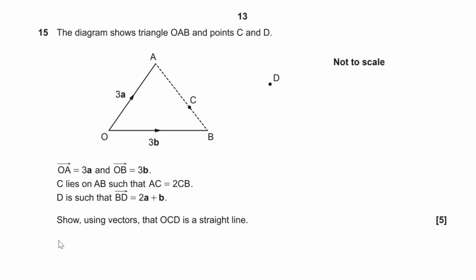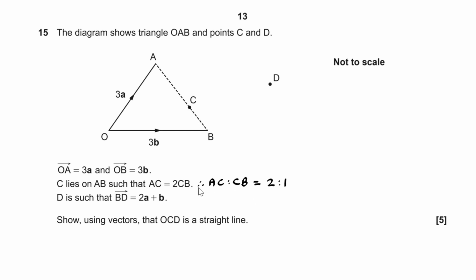So if we find out what OC is, starting at O, finishing at C, well, with this we've got AC equaling 2 times CB, so the ratio of AC to CB is 2 to 1.